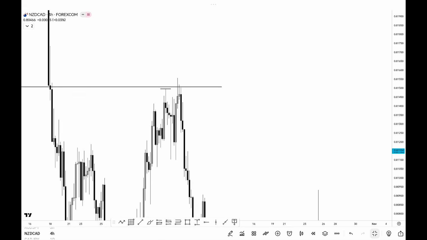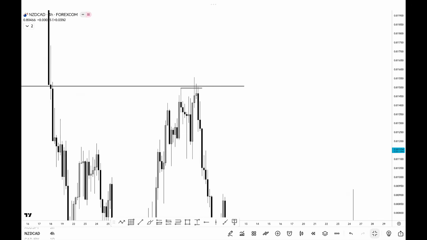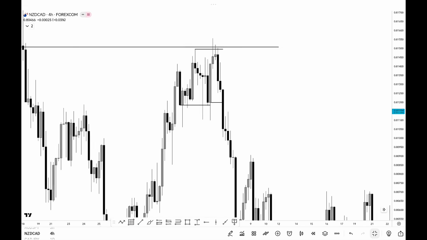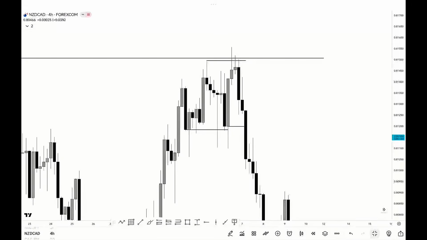Take a look at what we have here. We have the CRT high here. After the CRT high, what do you have? We have a major break of structure, which is all this, right? We broke the structure here, and we will break this. After that break of structure, we had an A-shaped key level that was invalidated and sponsored a rejection to the upside, right?